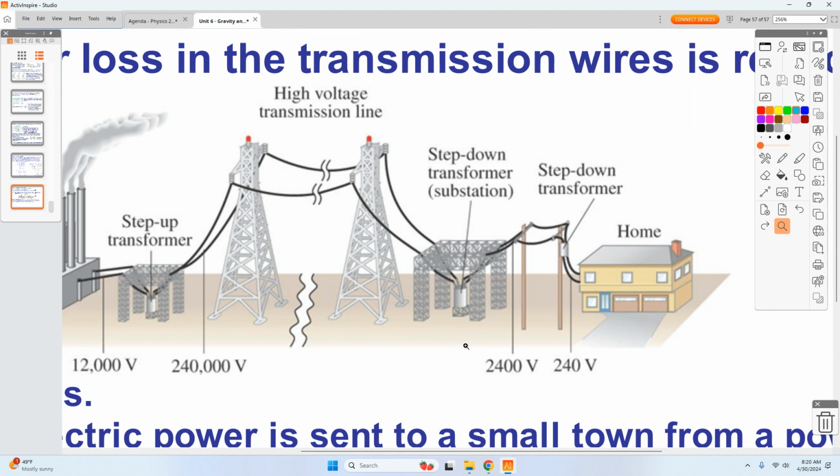Then we have some other little bucket transformers. Those are the ones that are on your telephone poles outside your home. They take it from the relatively small voltage, 2,400 volts, and take it down to 240 to go into your home. So we are maximizing safety by having the voltage here be small, but we're minimizing energy loss by having the voltage really high. Now this all goes to this concept.